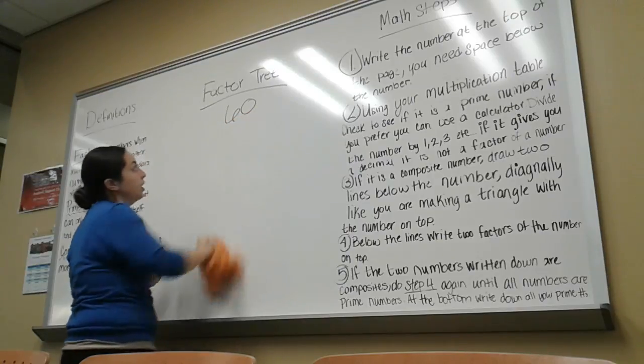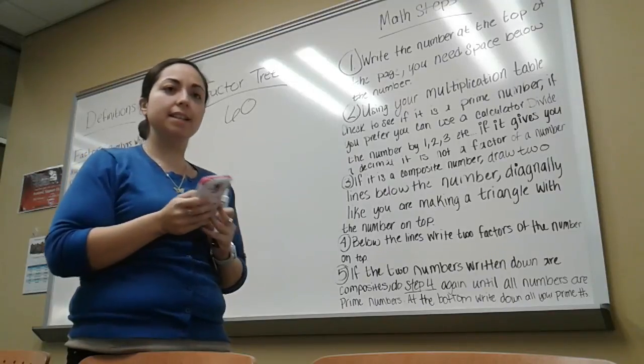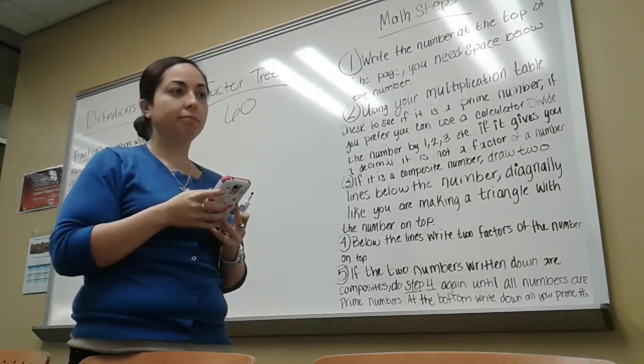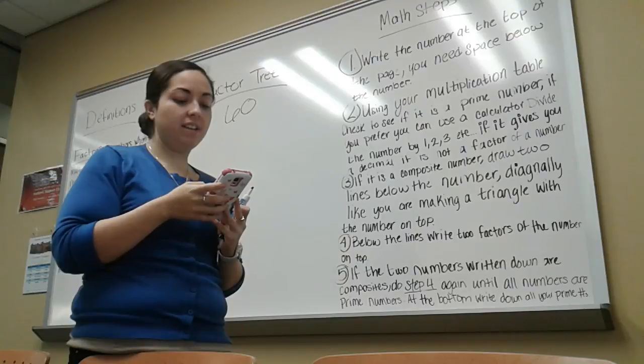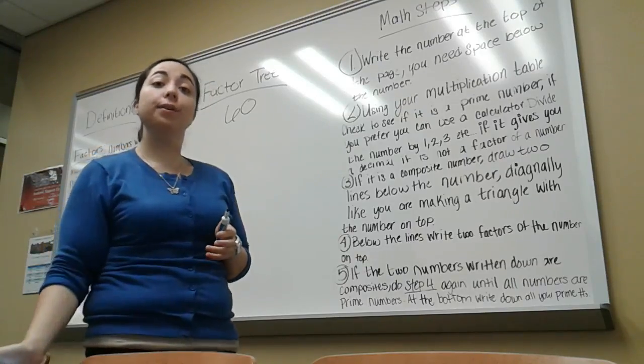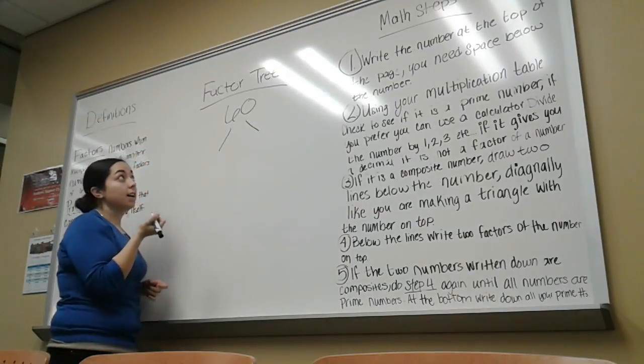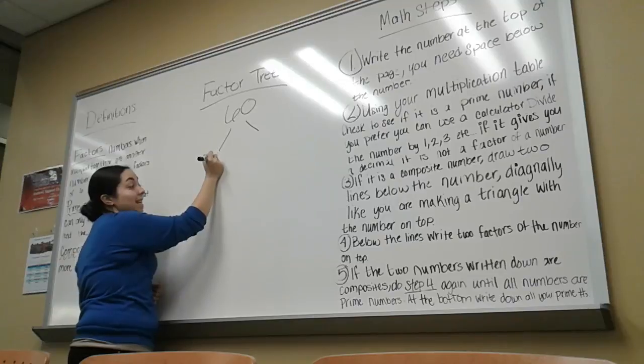Again, we're going to try our calculator. 60 divided by 6 is a whole number. So 60 divided by 6 was 10.